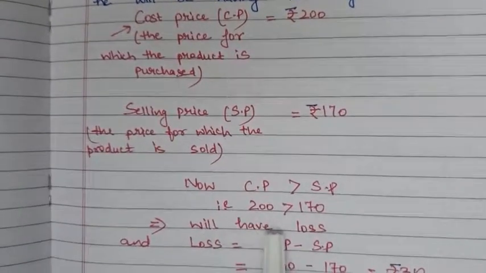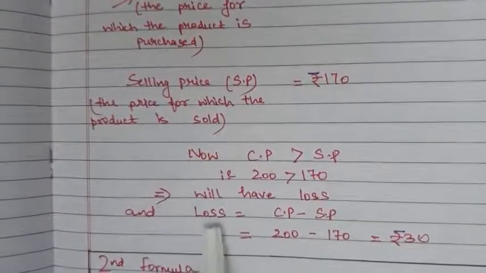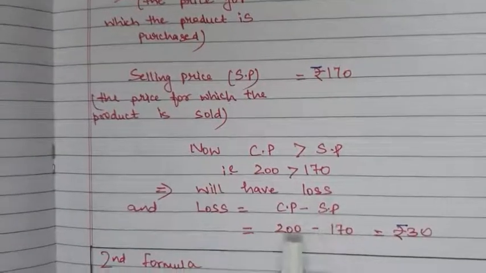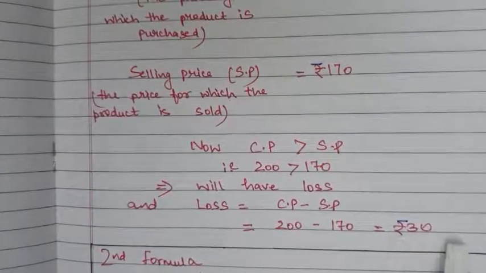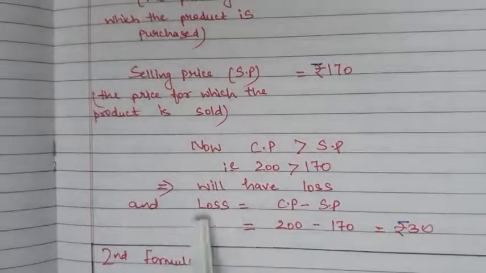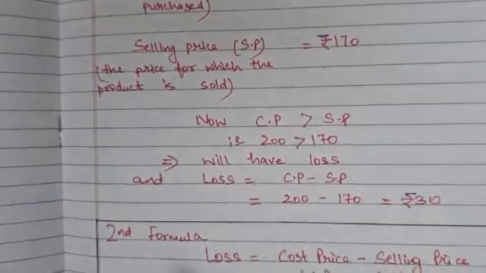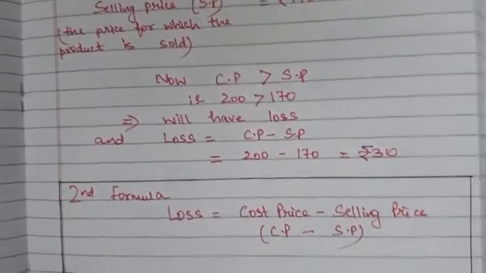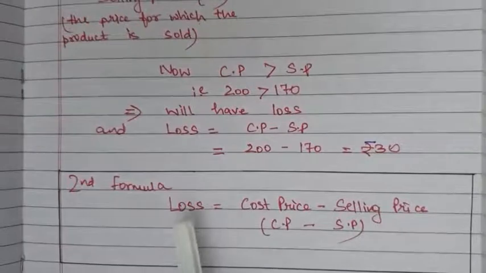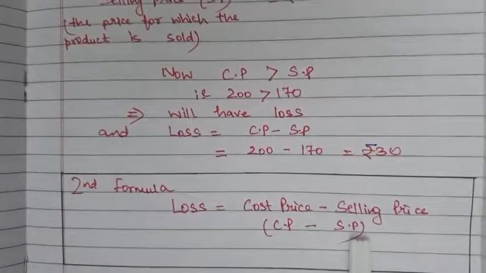By how much loss? The formula is cost price minus selling price, which gives 30 rupees. So the shopkeeper will have a loss of rupees 30. So students, the second formula is loss is equal to CP minus SP.